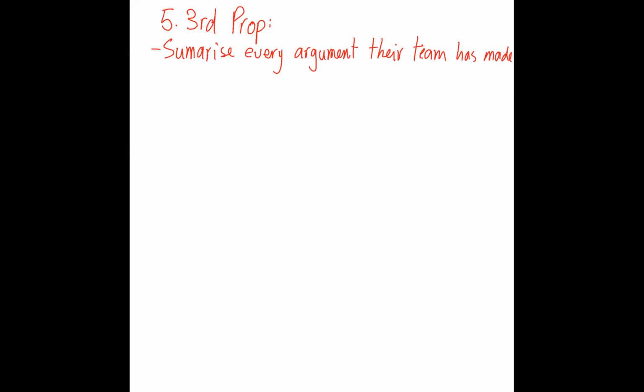So the third speakers don't actually make their own arguments. They summarize everything that their teammates have said. So they are the last chance for the audience and the judges to remember what their arguments were.